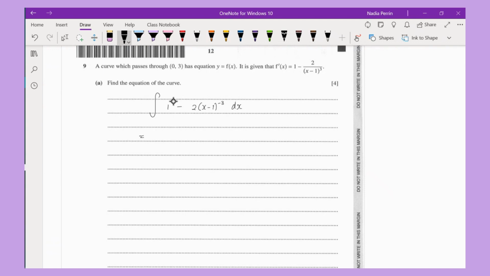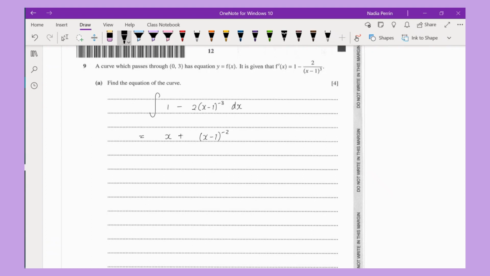So we integrate, we add 1 to the power, divide by the new power. So this is the reverse chain rule. So 2 divided by -2 is going to become +2. And then 2 divided by, it's going to be +1, actually.